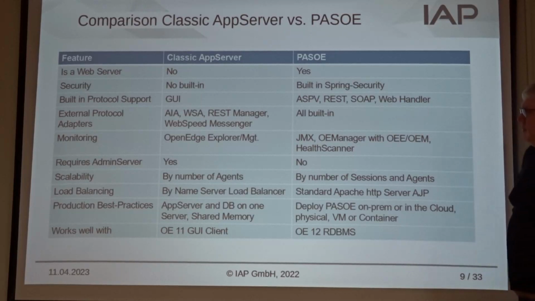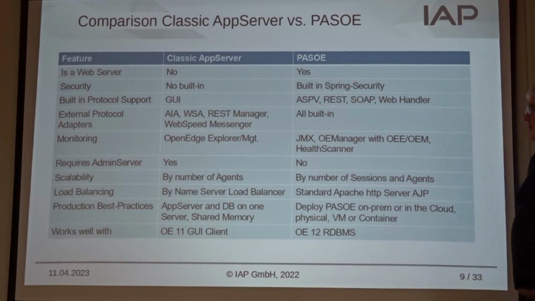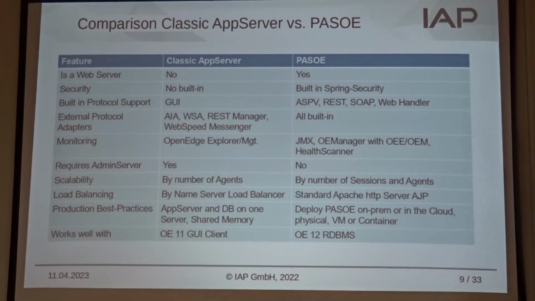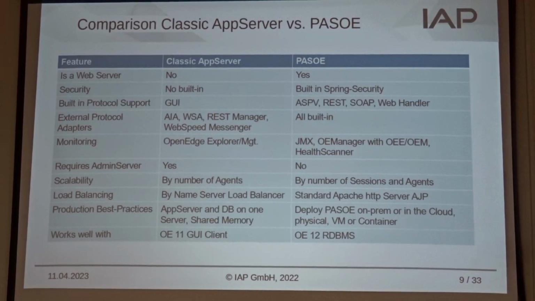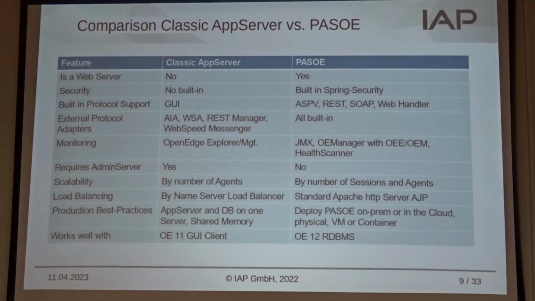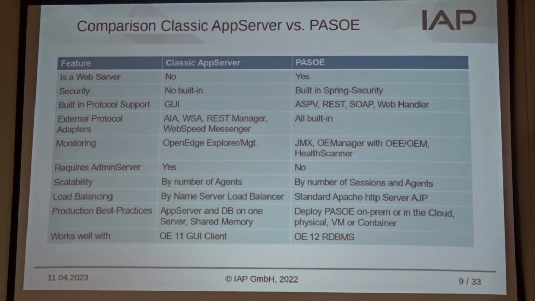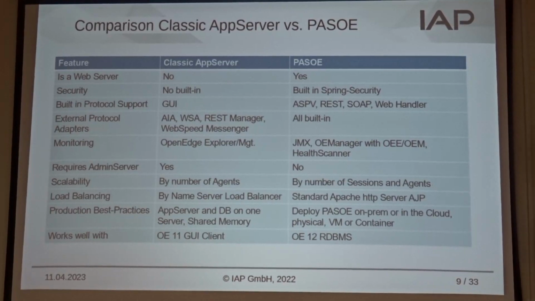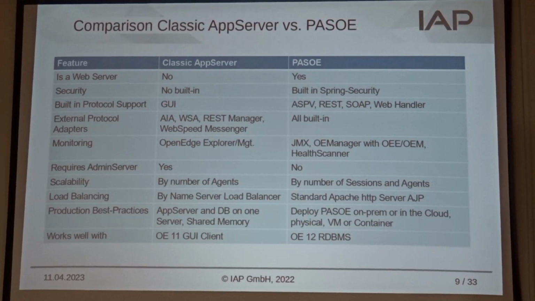So, production best practice. Normally, if you deploy your application, the app server and the database engine are on the same machine, and they use shared memory for communication. That is the best practice.